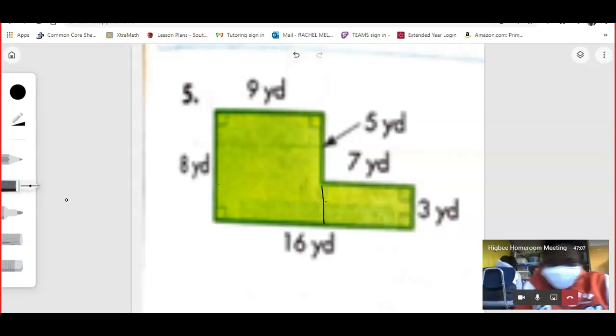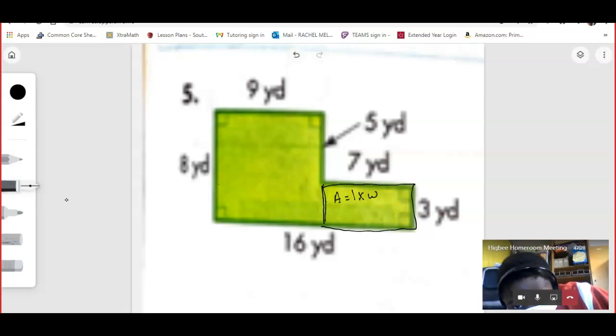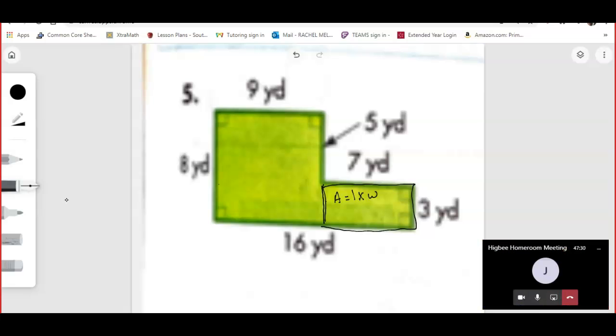So we want to figure out the area of this first. Okay. So I know area equals length times width. So for this shape, what is the length, everybody? Okay, remember length is top and bottom.